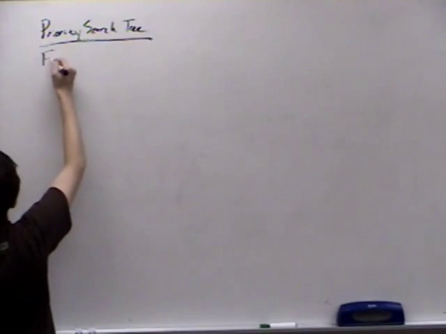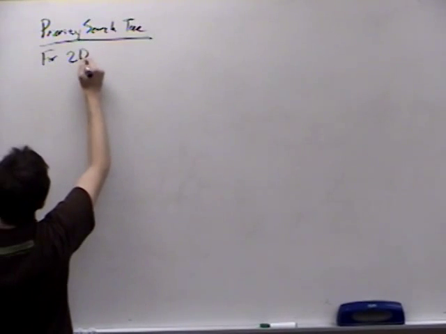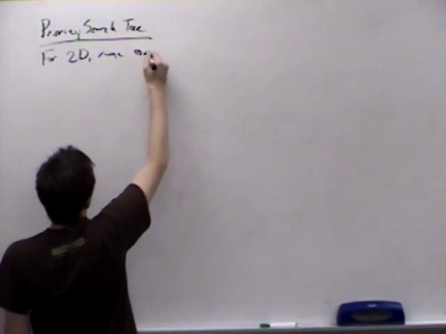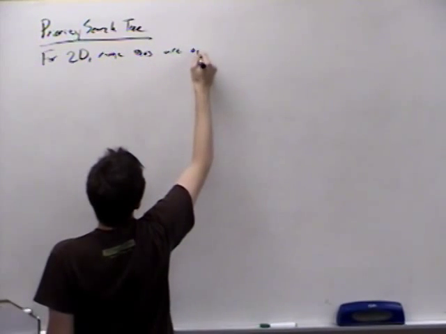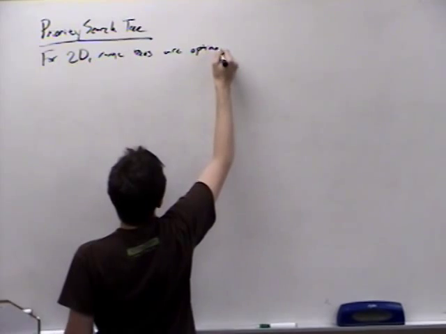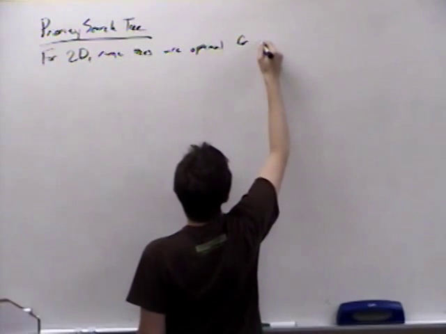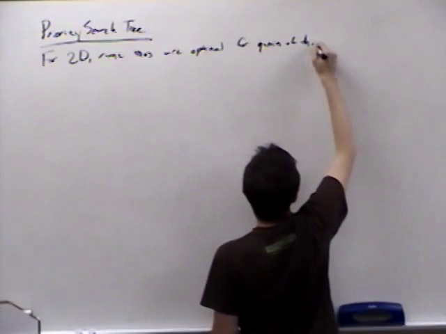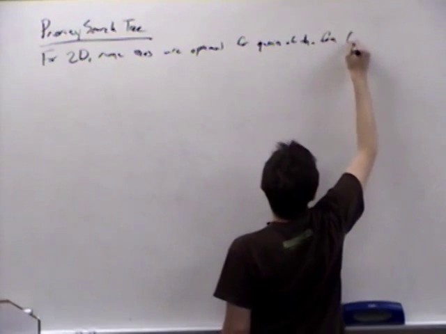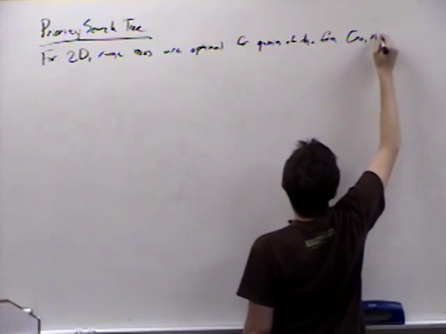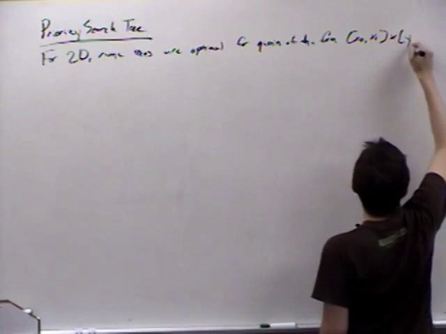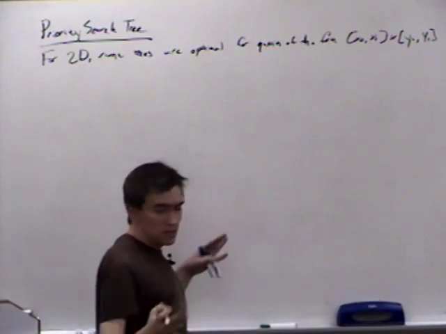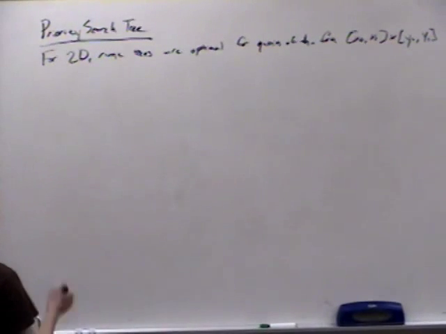So for 2D, range trees are effectively optimal for queries of the form x0, x1 by y0, y1. So we take some box, we basically locate all the points inside the box, and we're done.